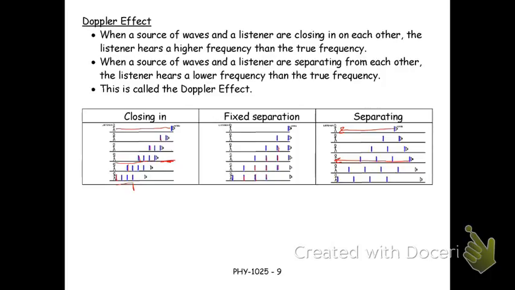So when a car's coming towards you, it goes, and then when it gets past you, it goes, so you get, as it goes past you, yeah? And light does the same thing.